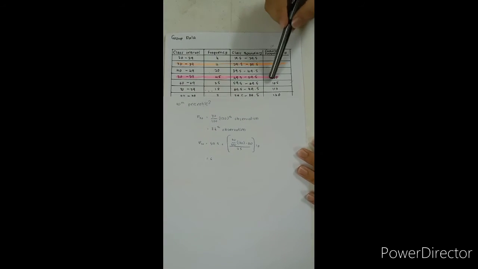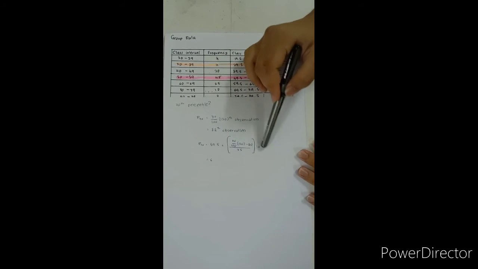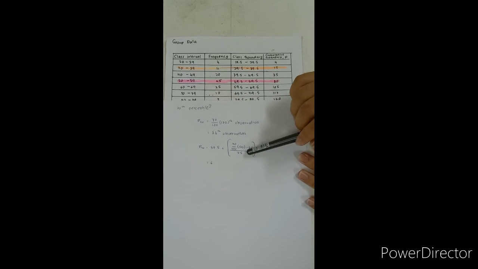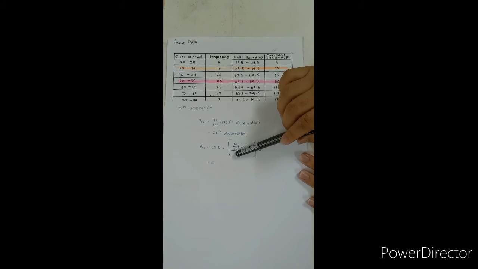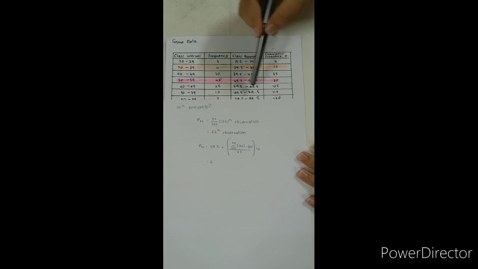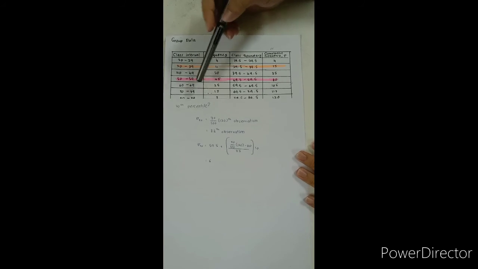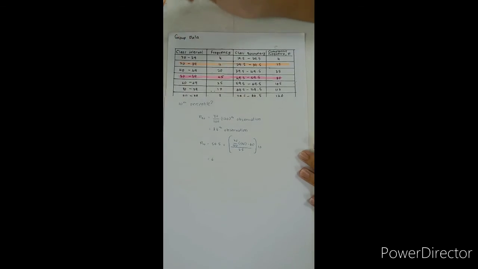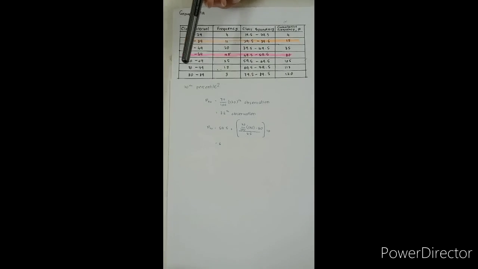This is our class and this is the before, and this is the class boundary product, and lastly this from the frequency. This is our class, the frequency is 25. So we just calculate it, and we get the answer. Okay, that's all. Thank you.